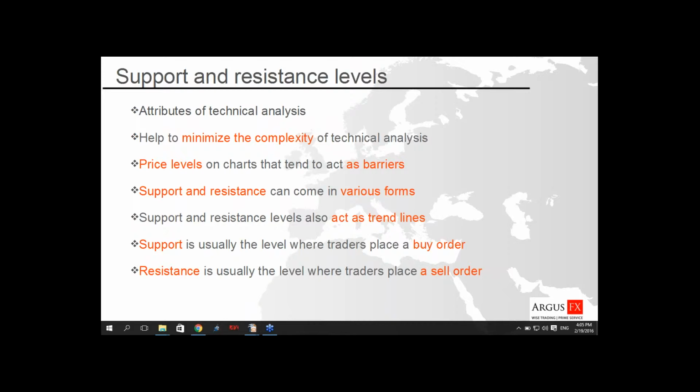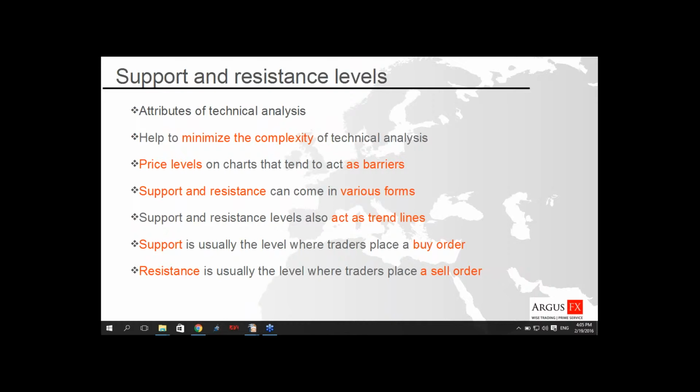And how do we identify these levels? Through using some very powerful tools. Support and resistance are price levels on charts that tend to act as barriers. When we say support, it's the level where we expect to buy a financial instrument.